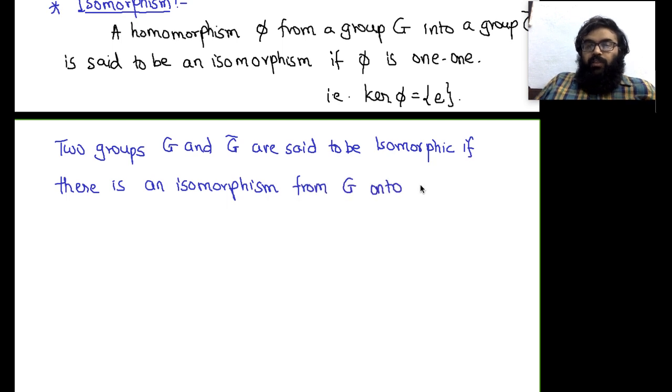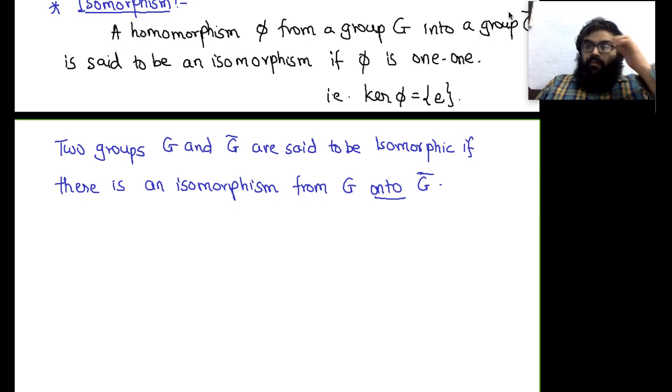This is important, onto. Right? So there is isomorphism from G onto G bar. So it is 1-1, onto and homomorphism. Then we say that G and G bar are isomorphic. For isomorphism, only 1-1 and homomorphism. Two groups are said to be isomorphic if there is an onto isomorphism, not into.